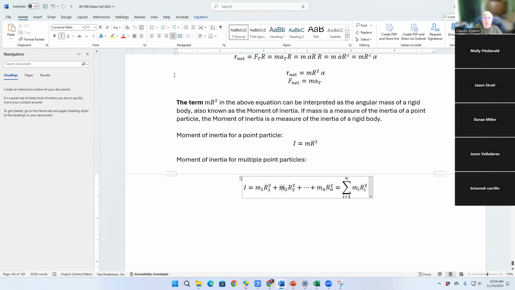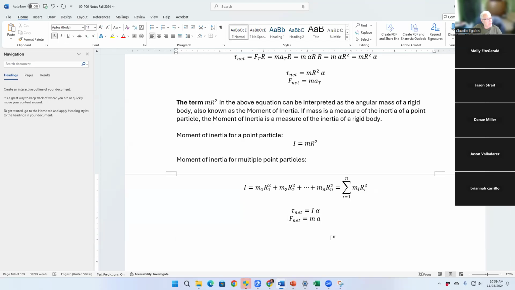And now we can write down our equation side by side. Net torque is moment of inertia I times angular acceleration. Net force is linear inertia of a particle, which is the mass, times the acceleration.